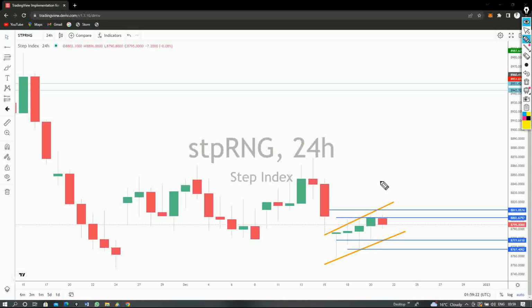But right now it won't, because if you are looking at the chart, we have very short momentum for any bullish trade.